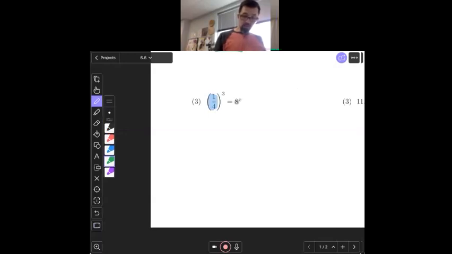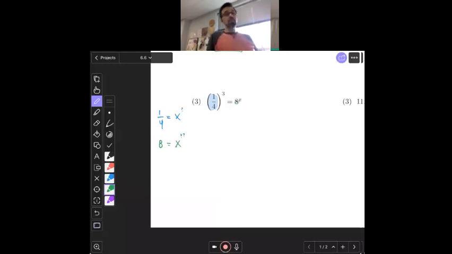So I'm going to focus on that 1/4 and the 8. I want to see, how can I write 1/4 as a power of something, and 8 also as the power of that same number but with a different exponent. And again, sometimes it's easier to maybe look at one of the numbers than both of them at the same time.